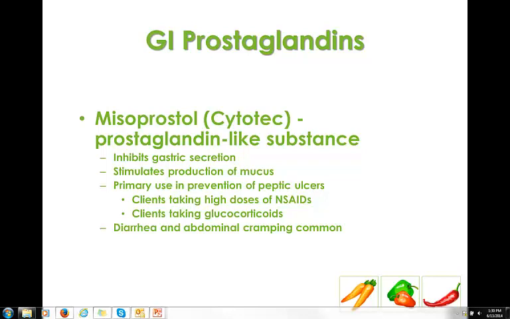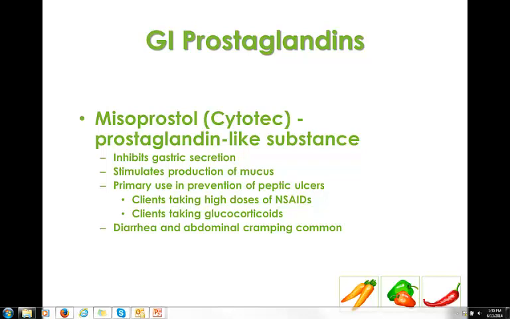So misoprostol inhibits gastric secretion and stimulates production of the mucus. Well, what does stimulating production of the mucus do? It's going to help to coat the mucosal lining and protect it from the acids of the stomach.